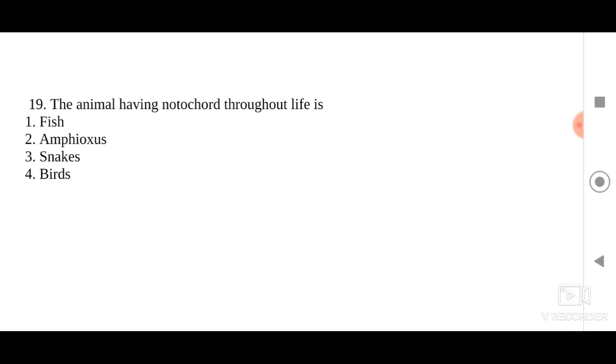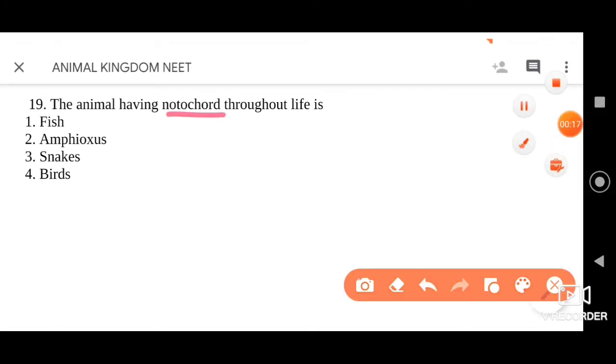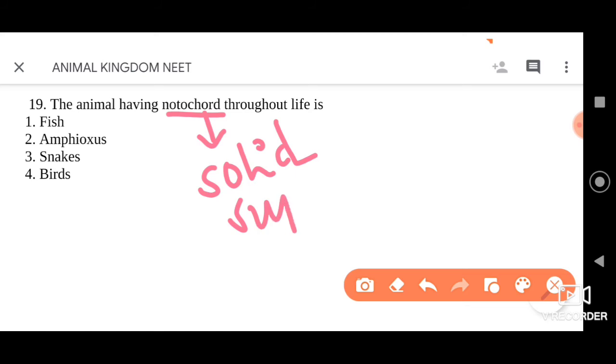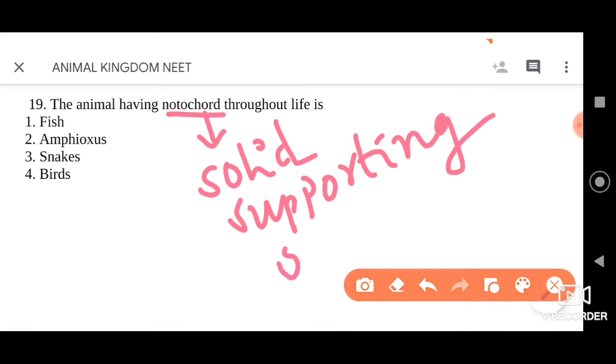Dear students, let us move on to the next question. The animal having notochord throughout its life is, see, we know that notochord is the solid and rigid supporting structure, which is in fact present in the chordates.